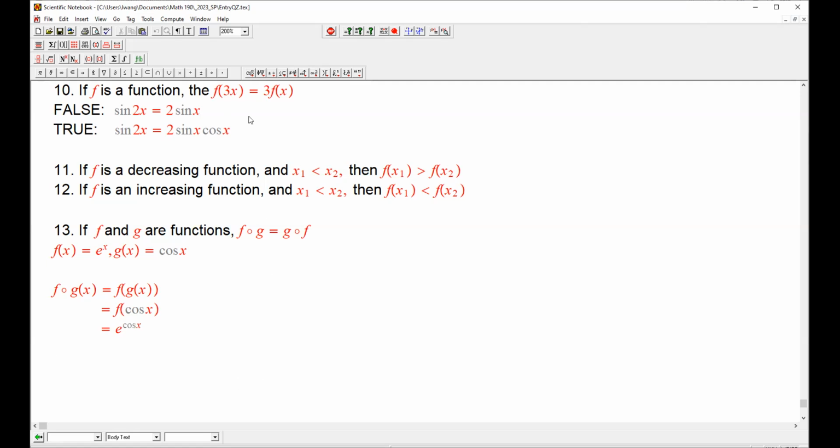G composite f of x, what would that be? That's g of f of x, where f of x equals e to the power x.